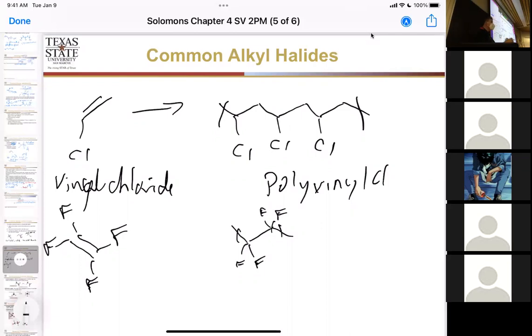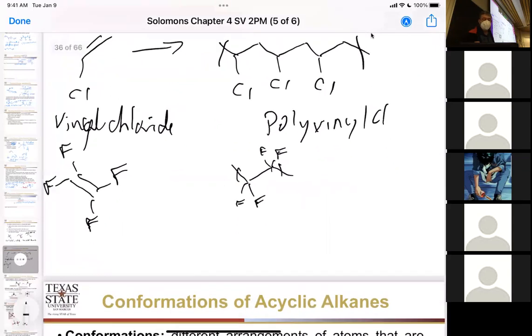So Teflon's that white heavy plastic that nothing sticks to. The reason nothing sticks to it is because those fluorine carbon bonds are so strong, nothing wants to react with it. And so it's a very inert material. So it's a very good thing to have. All right, let's do a couple other common ones. So if we had CH2Cl2, this one's going to be methylene chloride.